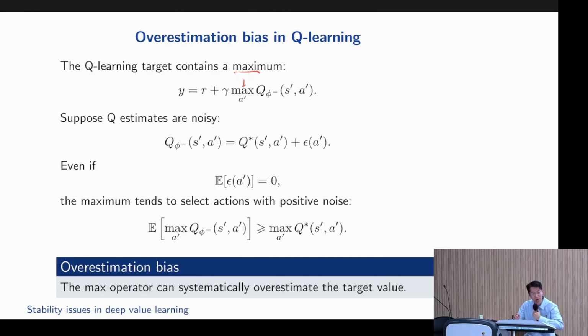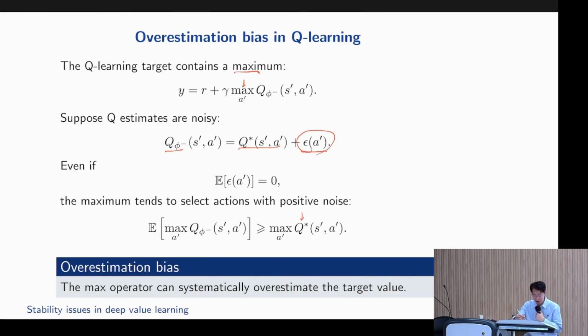And if you have noisy Q estimates, let's say our target is some ground truth plus some zero-mean noise that depends on the action, then if you select the maximum over actions given a state, on average it can be greater than the maximum selected from the ground truth because of the noise.